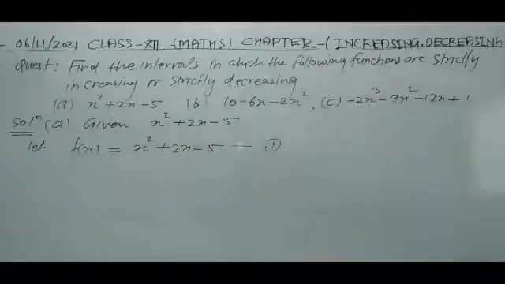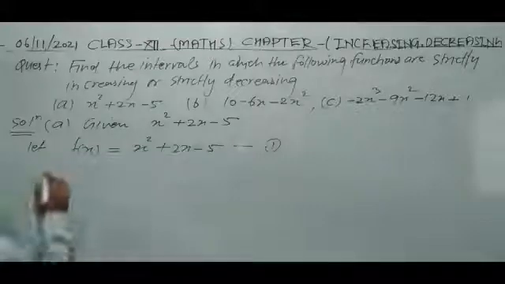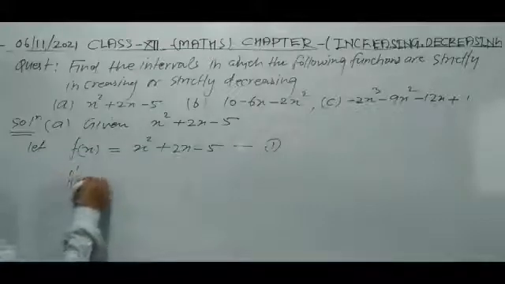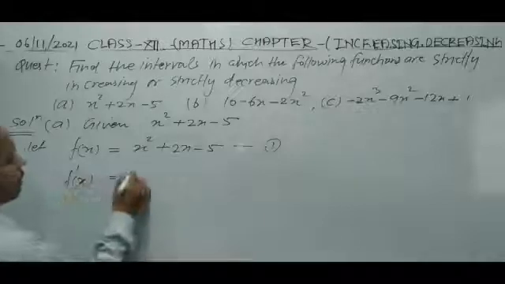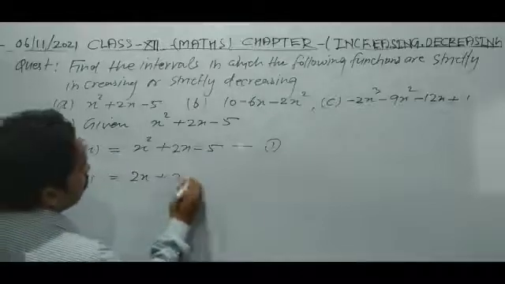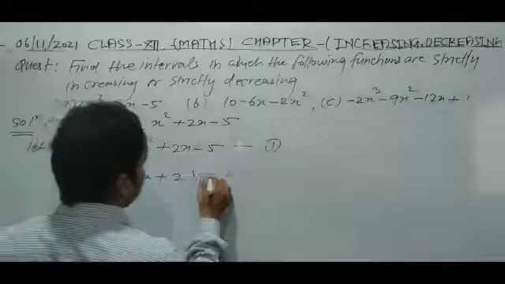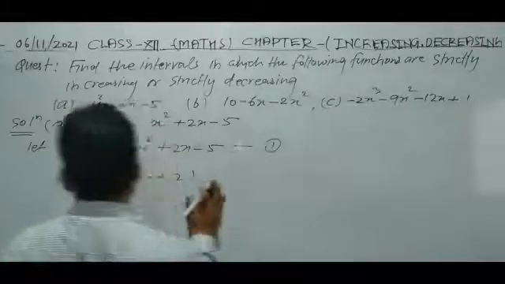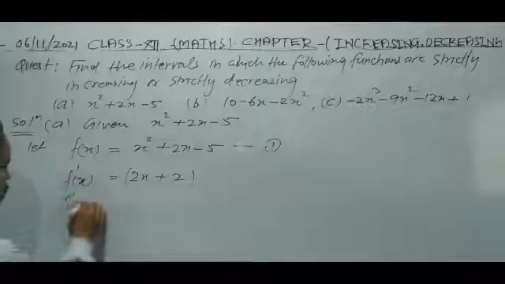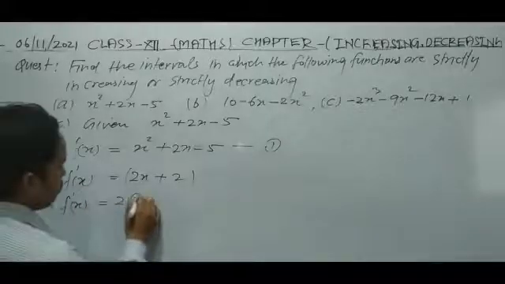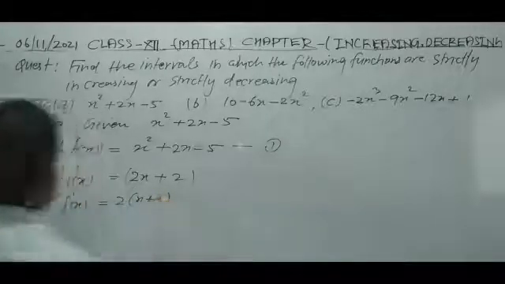To find the increasing or decreasing intervals, first of all we have to differentiate this function. So what will be the result? f dash x will be 2x plus 2 minus 0. So we can write f dash x is equal to 2 times (x plus 1).